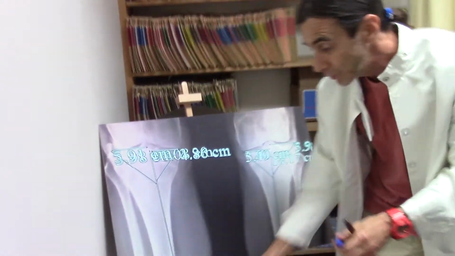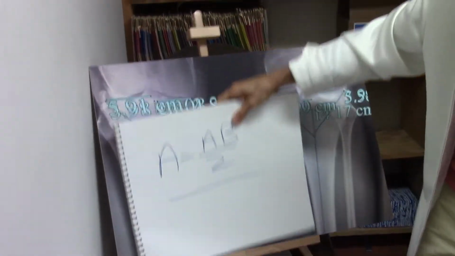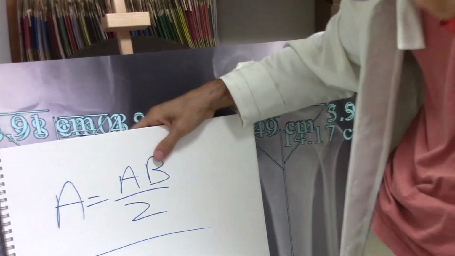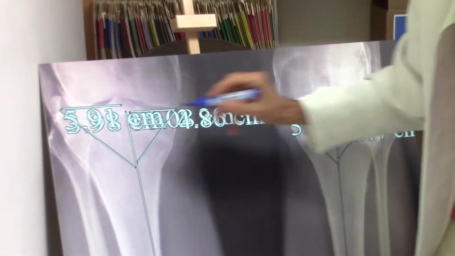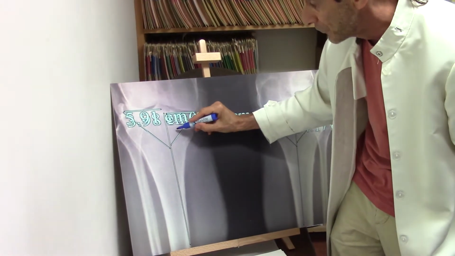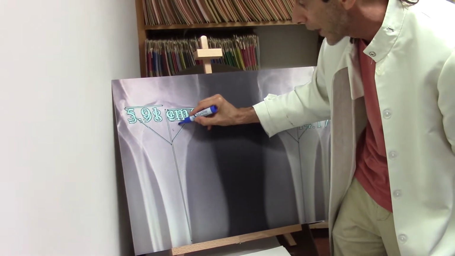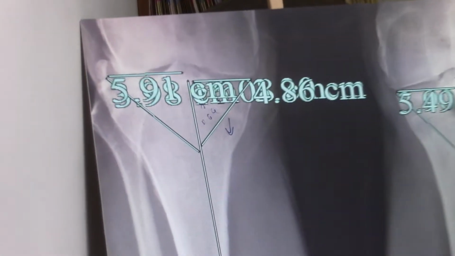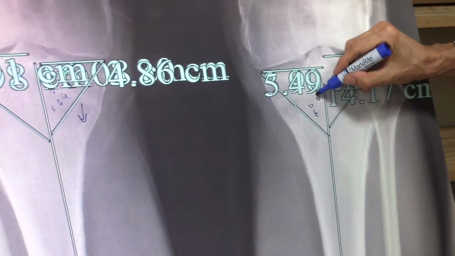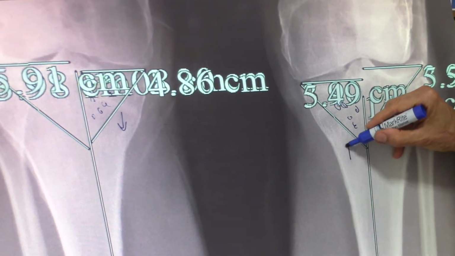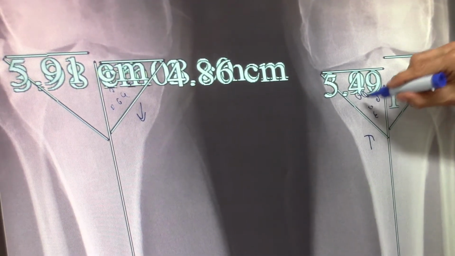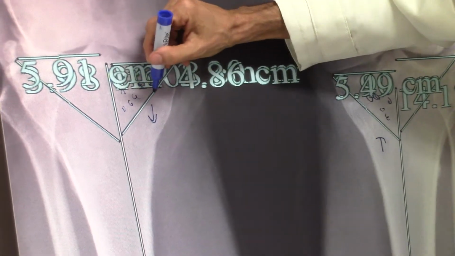Now, if we were to use this formula, A is equal to AB divided by 2, which will give us the volume of the triangle, we would see that the volume of this space right here would be less than this area right here, which would be more, because there's more tissue volume on this left knee than there is on this right knee.